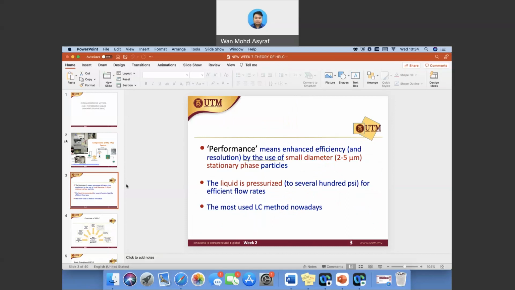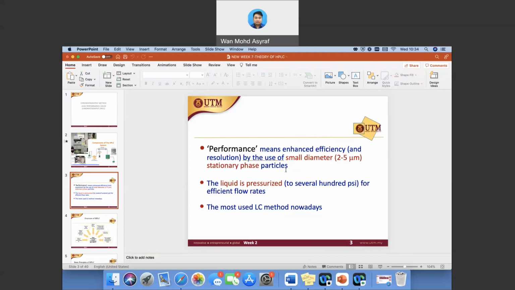The performance means that it has enhanced efficiency and resolution by the use of small diameter stationary phase particles. Performance in terms of HPLC is conferred by the term enhanced efficiency. Why do we call it enhanced efficiency? Because it uses a small diameter stationary phase.